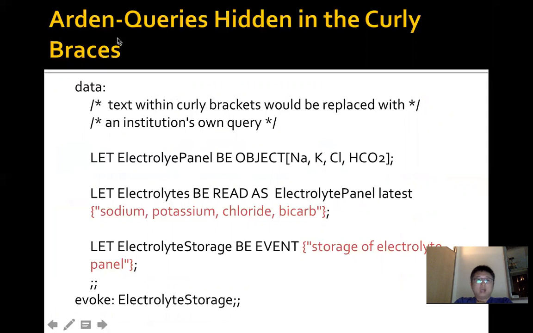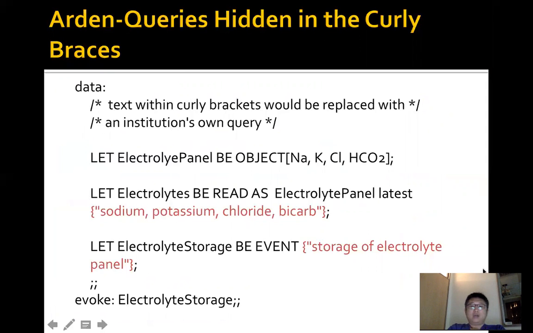Then here is the Arden syntax. If we make an exam question about what the so-called Arden syntax is, we will say it's curly-brace based. All the information uses the curly-brace base to store the data. So this is what we call a syntax. But right now, we no longer use the curly base.